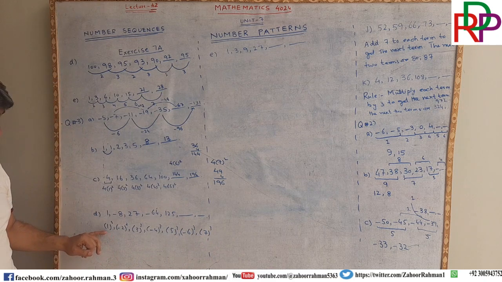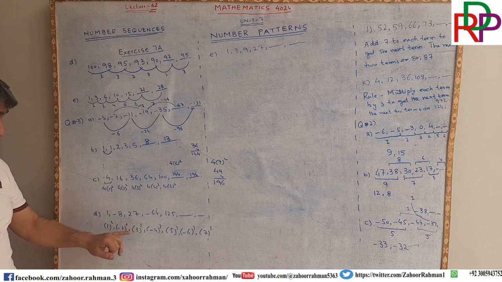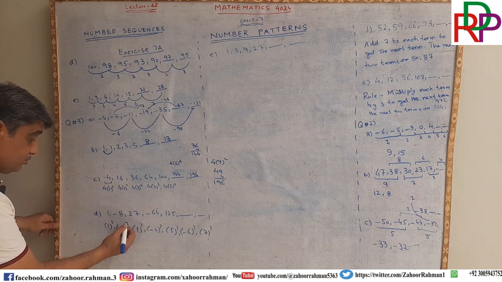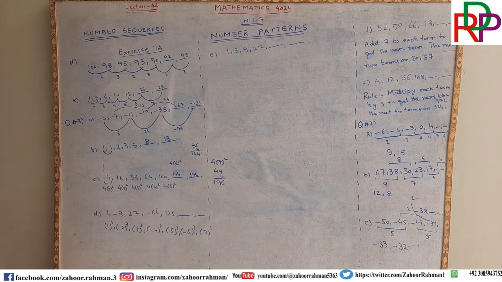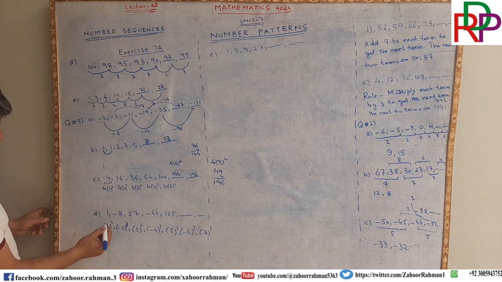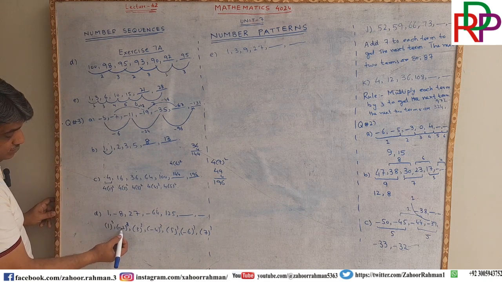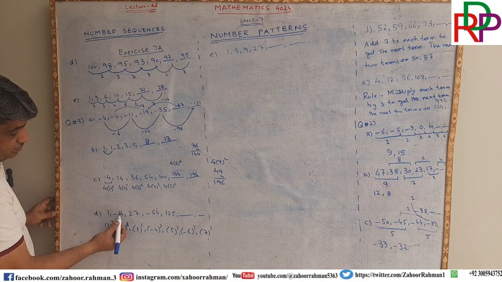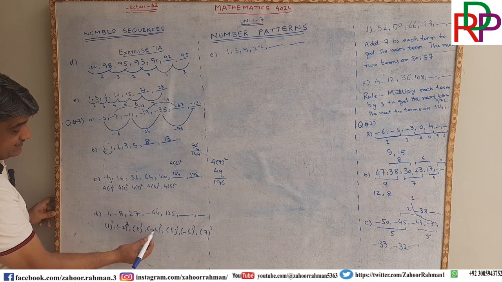Alternately, you have to take 1, 2, 3, all of them are cubes. So 1 cube is 1, minus 2 cube is 8, 3 cube is 27.